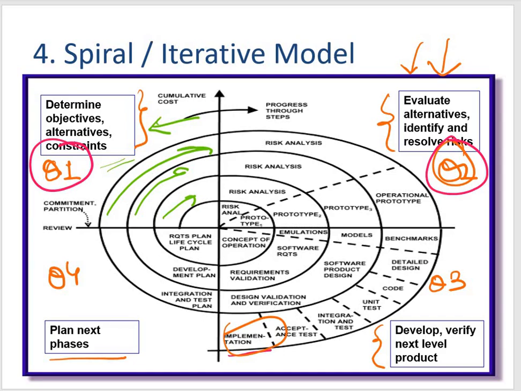Then the risk associated with that solution is identified and these risks are resolved using the best possible strategy. At the end of this particular quadrant, a prototype is built, right? You can see these prototypes. These prototypes are built for the best possible solution. And the last one which we get is your operational prototype, this one.